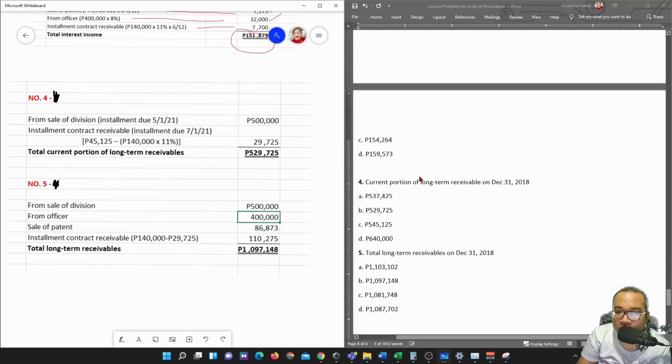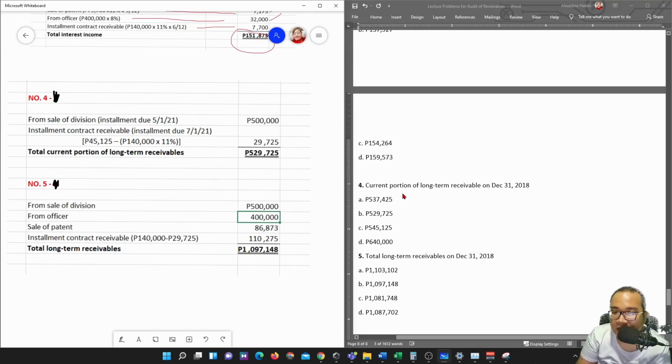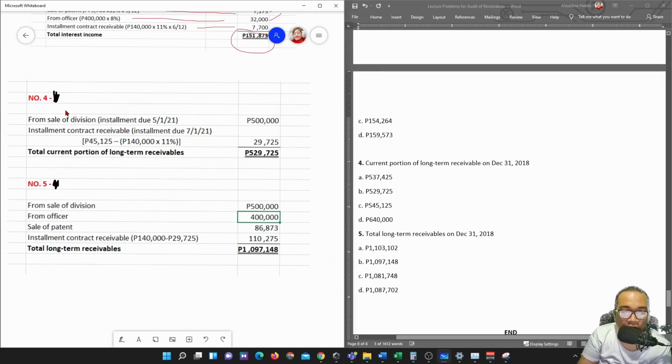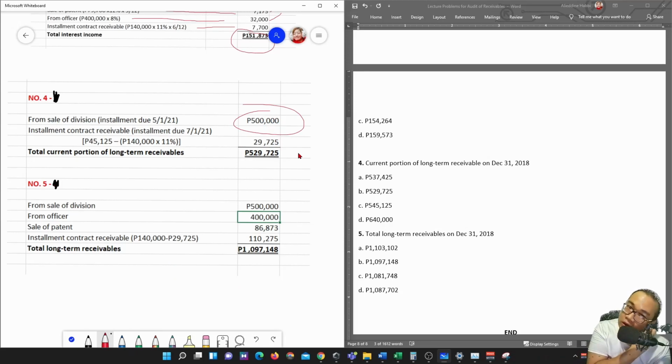So, yun. Kaya sa current portion of the long term, yung sale of the division, installment, 500. Kasi next year, 500 lang. Pagka 2019, 500 lang yung need bayaran kasi yung remaining 500, next year pa. So yun, long term yun siya, non-current portion. Ito current portion, yun long term.